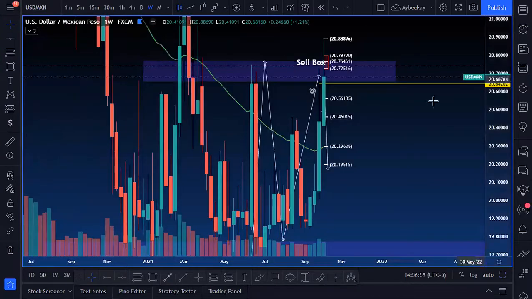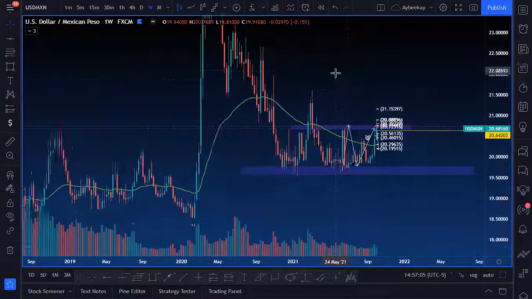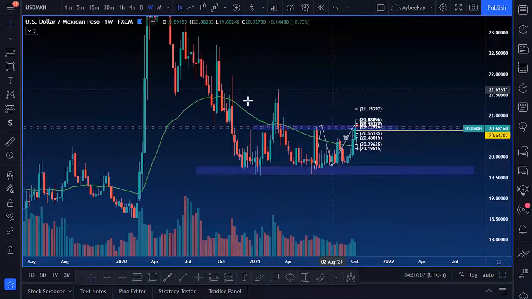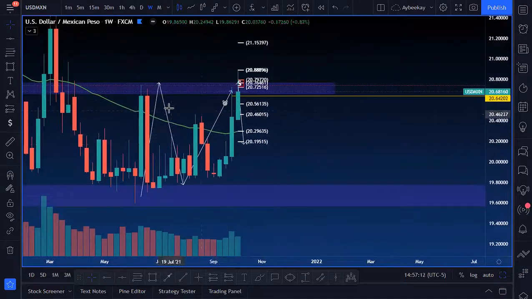All right, let's step on over to USD Mexican. Maybe it can give us an opportunity that the last pair wasn't giving us. I've been talking about how price has been in this range. I want to see what this range is going to hold before I look to sell USD Mexican pesos, and I didn't get into anything.